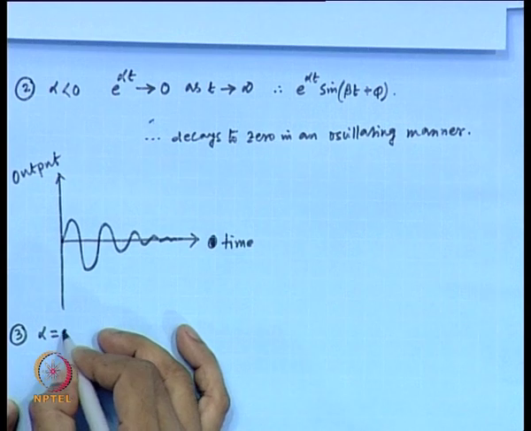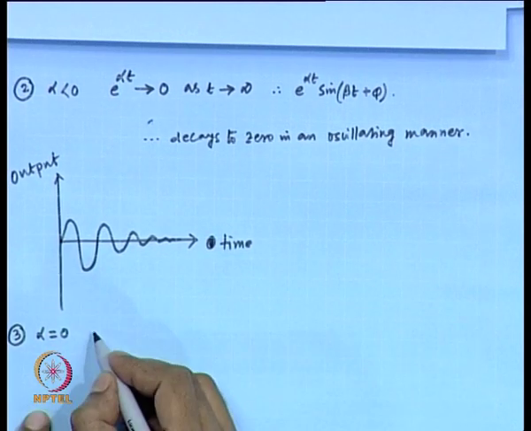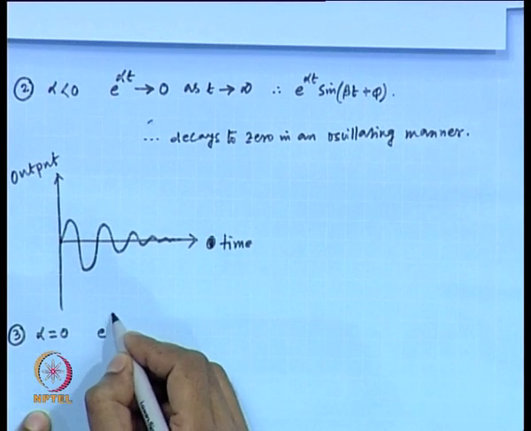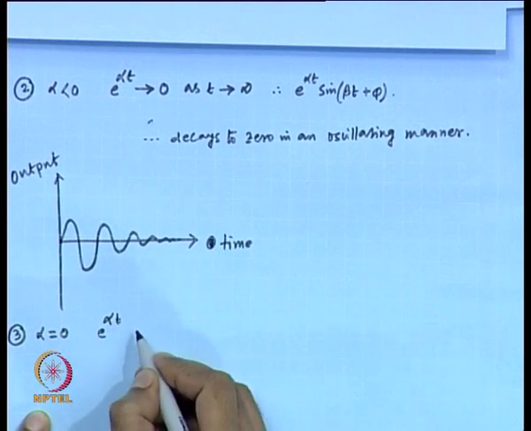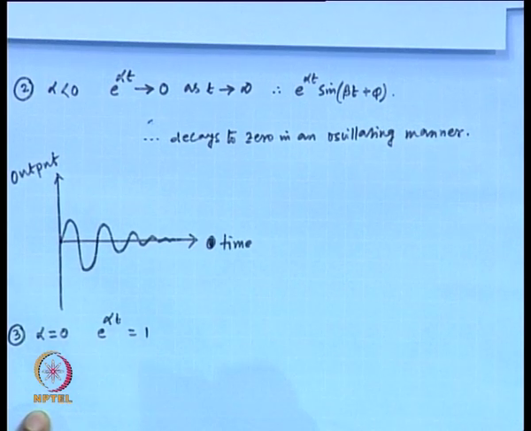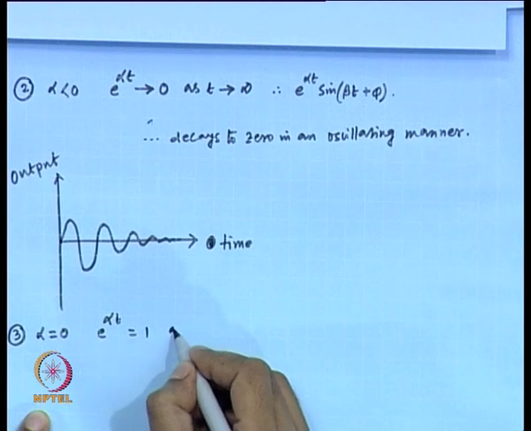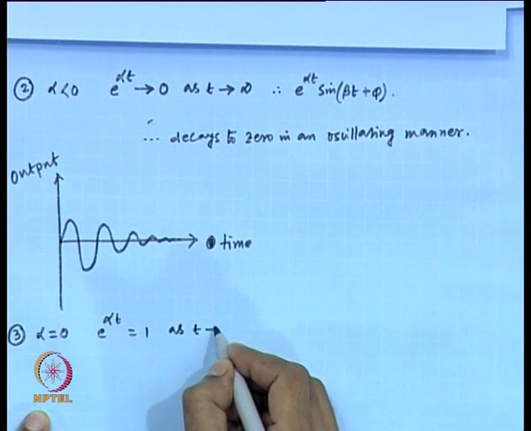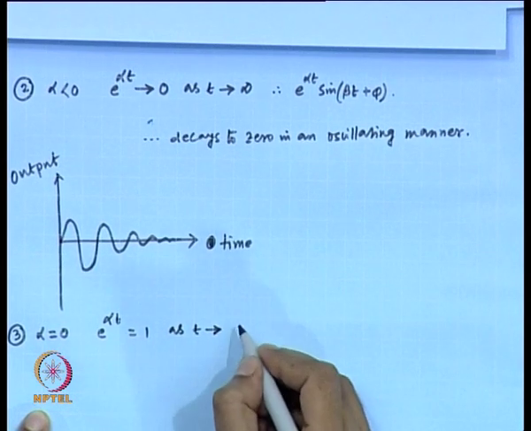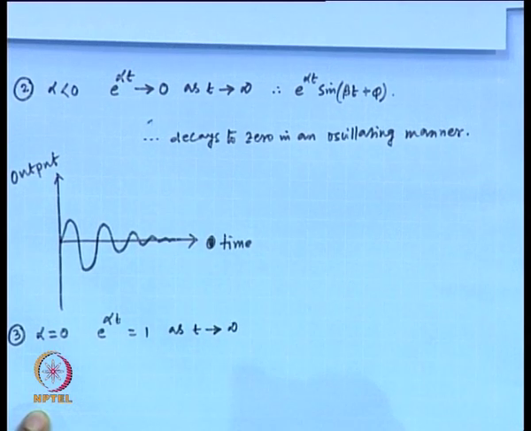If alpha equal to 0, then e to the exponential of alpha t equal to 1 as time tends to infinity.